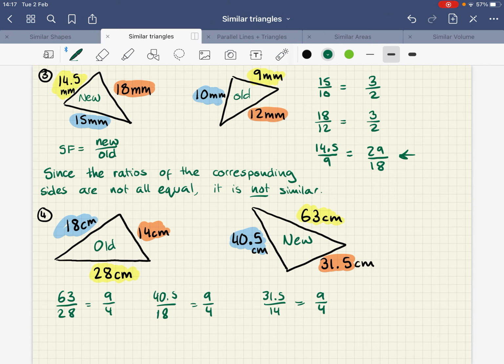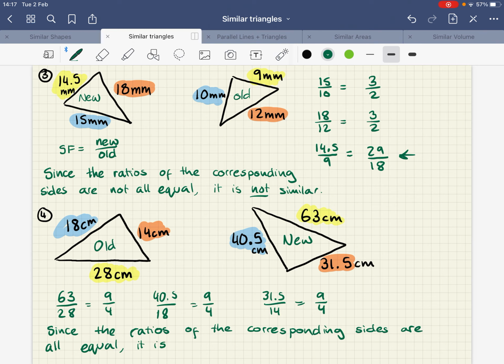So I write that down: since the ratios of the corresponding sides are all equal, it is similar.